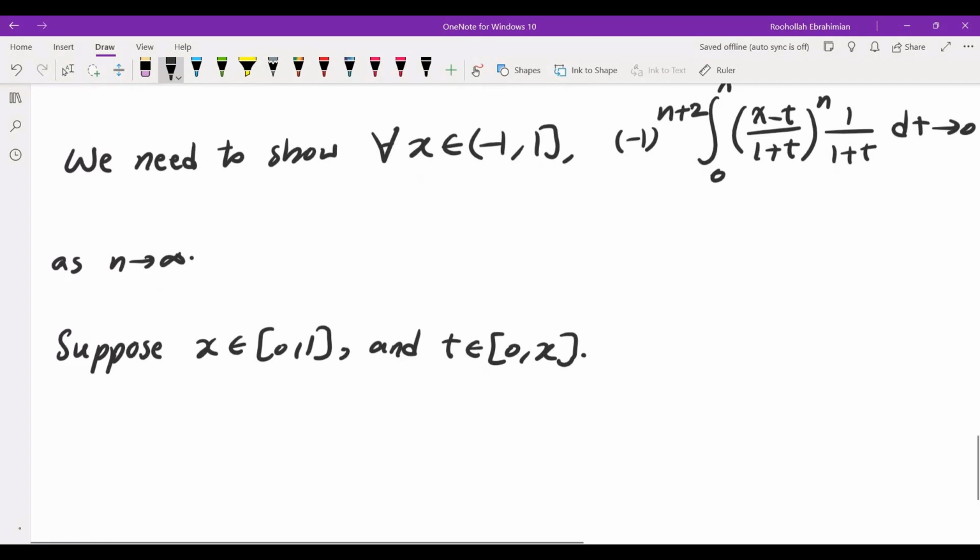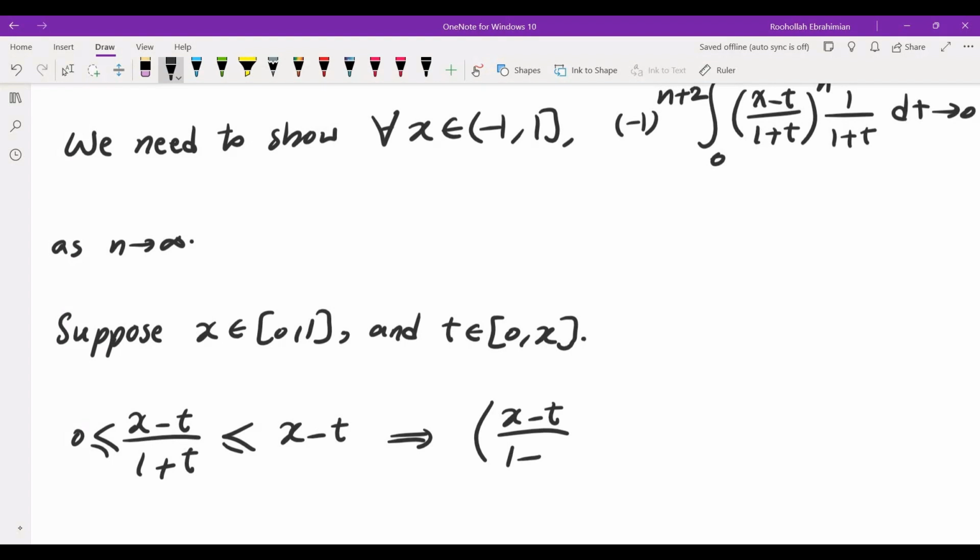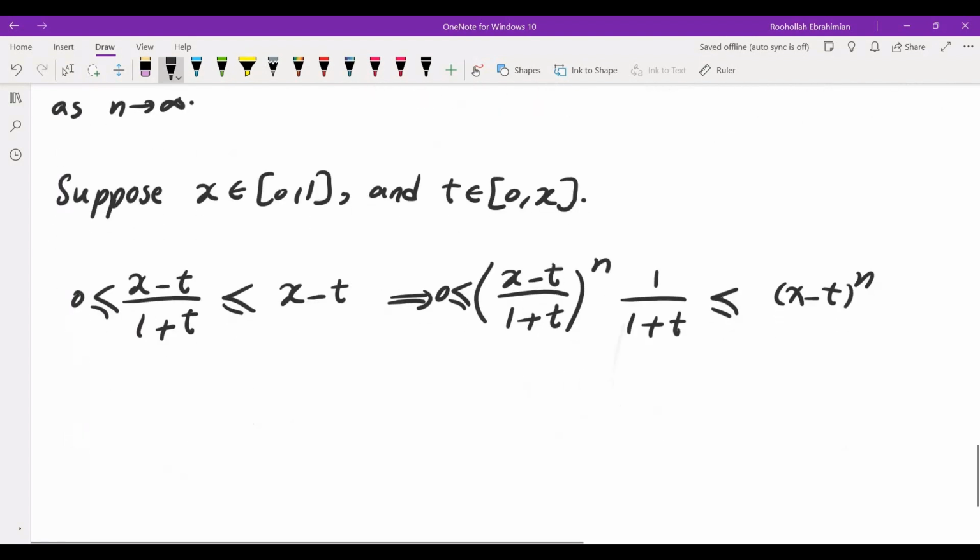If you look at the expression x minus t over 1 plus t, this is clearly greater than or equal to 0 and is less than or equal to x minus t because t is positive. So that means if I look at the x minus t over 1 plus t to the power of n times 1 over 1 plus t, it's greater than or equal to 0 and less than or equal to x minus t to the power of n, because 1 plus t is greater than or equal to 1.